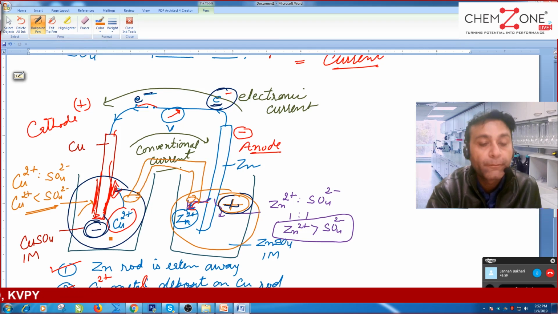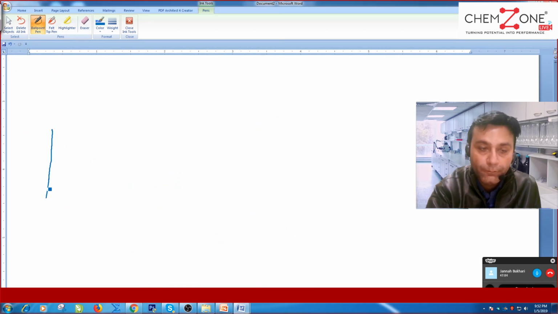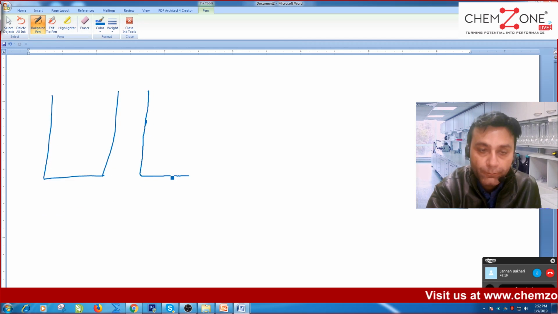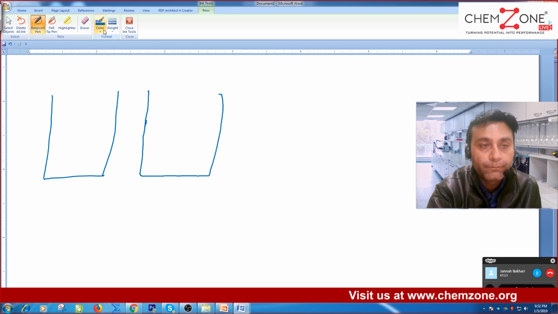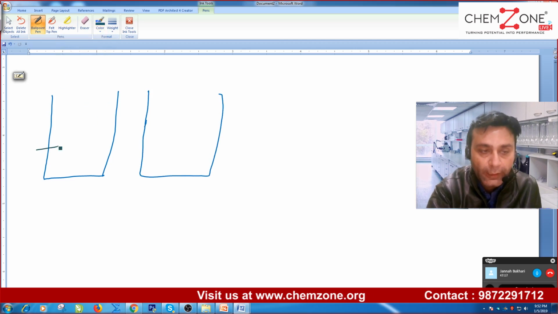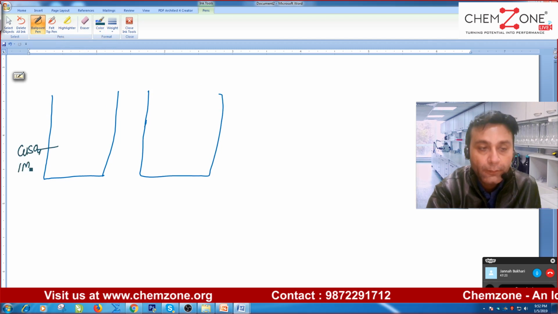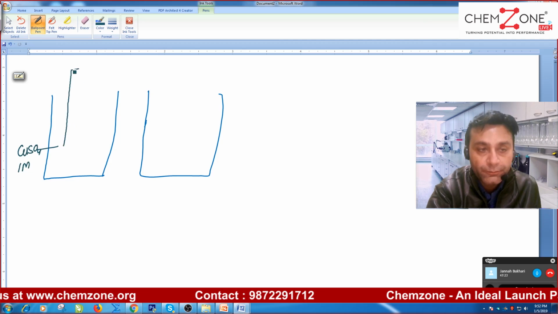I'll make it fresh. Here I have copper sulfate solution with a copper rod in it.